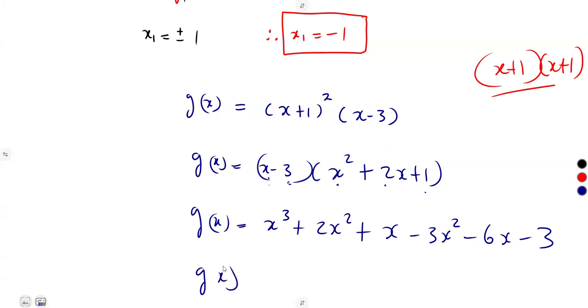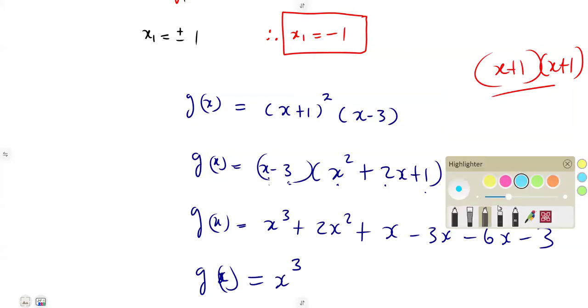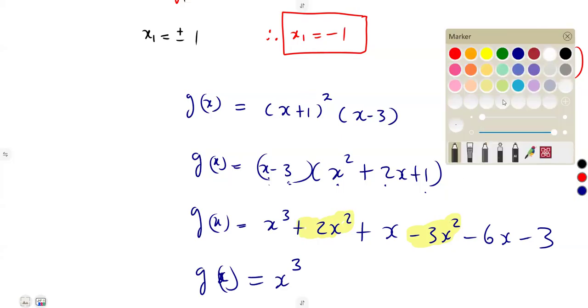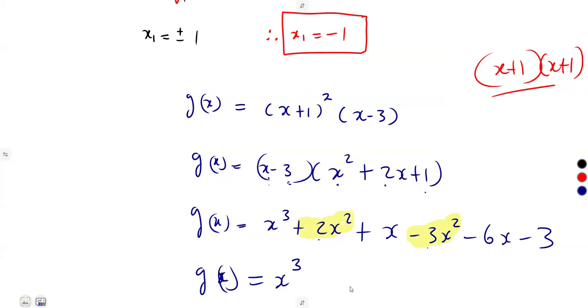Then collecting the like terms, you're going to find out that our gx is x to the exponent of 3. Then here we have got 2x squared minus what? 3x squared. So the terms in x squared on their own. So that was 2 minus 3, which is negative 1. So that's negative x squared.